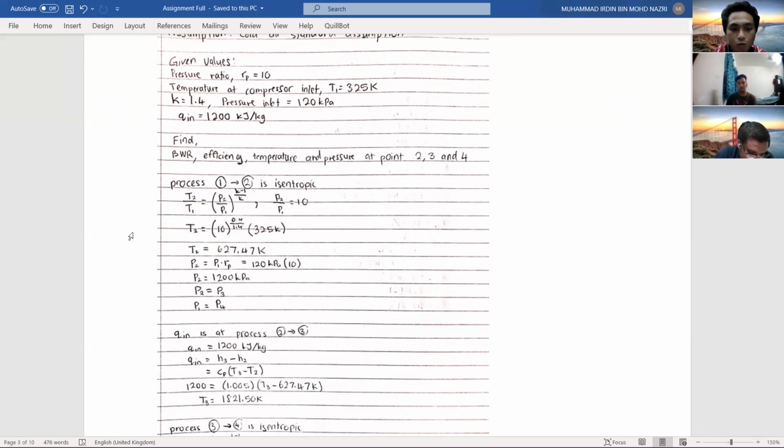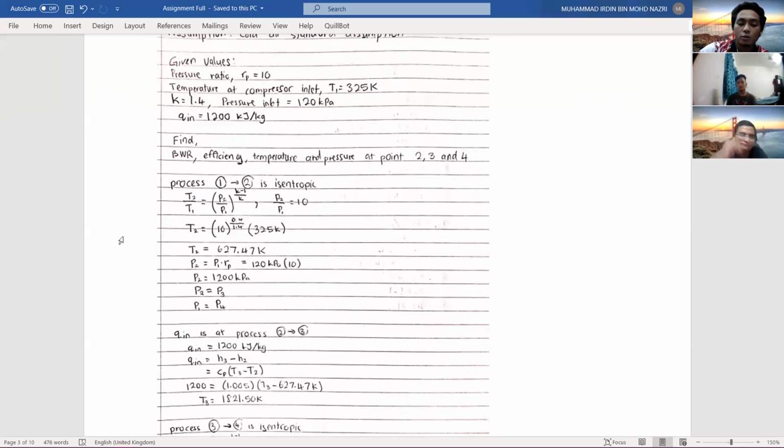And then by using the pressure ratio P2 over P1 equal to 10, we can get P2 equal to 1200 kilopascal by multiplying the 120 kilopascal pressure 1 by the pressure ratio of 10. So we will have pressure 2 equal to 1200 kilopascal.